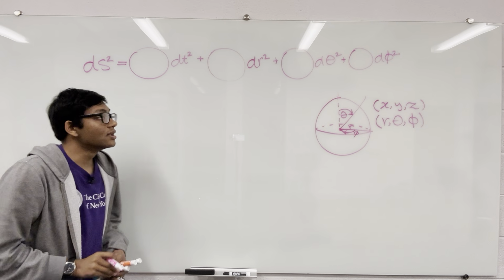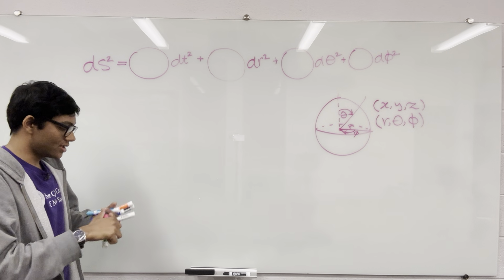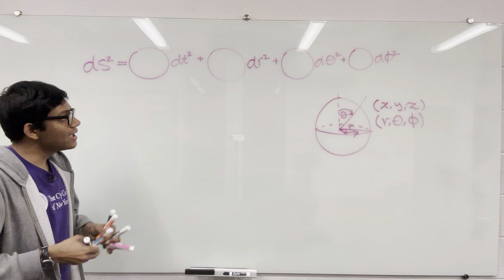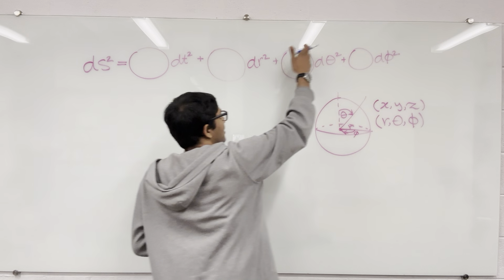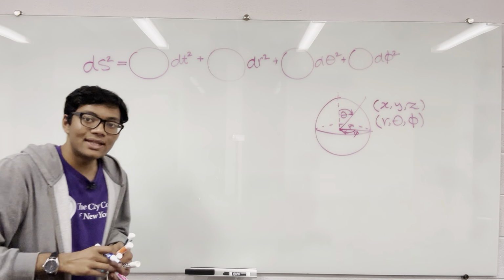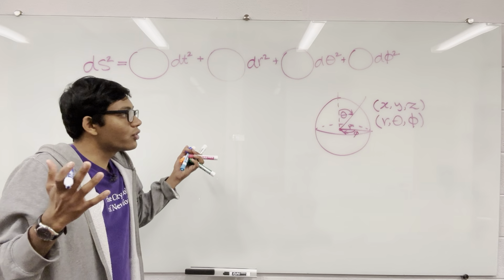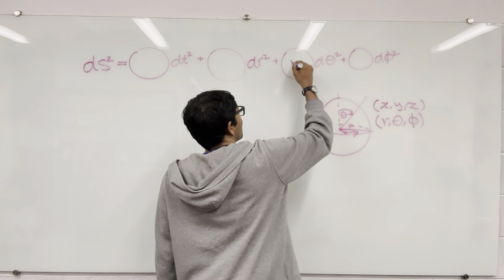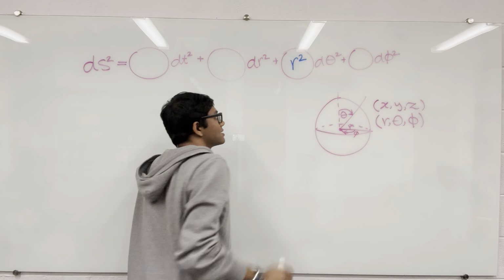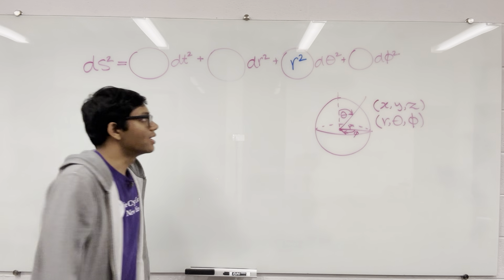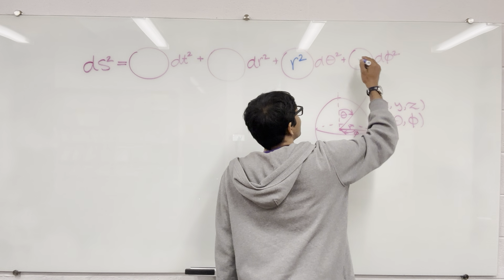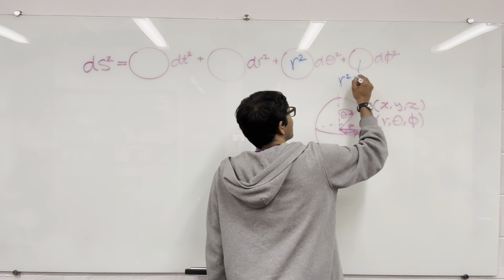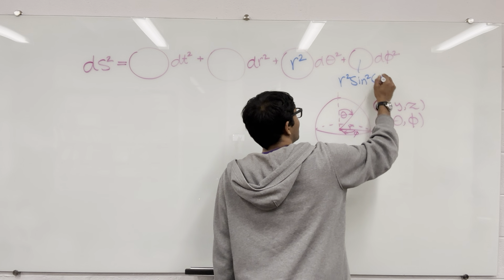Okay, very good. Now, what are these coefficients? Well, first of all, for the theta and phi squared coefficients, they look exactly like the coefficients for a regular flat plane. So for theta, the coefficient is r squared d theta squared. And for phi, the coefficient is r squared sine squared theta d phi squared.